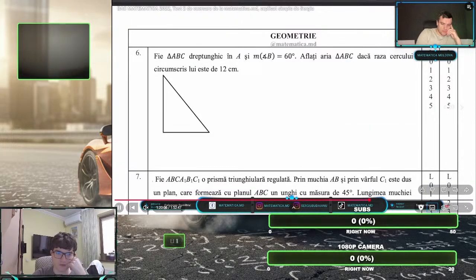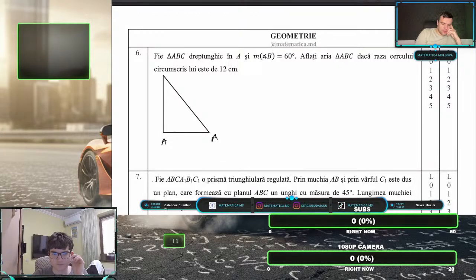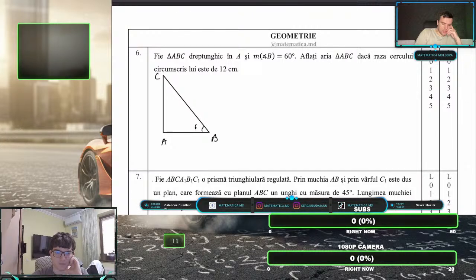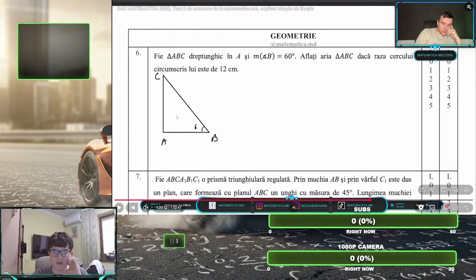Fucking geometry. Now that's like, okay, I'm gonna grab that, if I can. Triangle ABC. In A and B, A is essentially 90 degrees, B is 60 degrees.